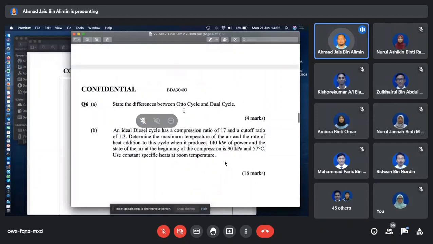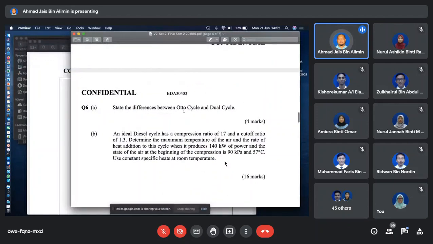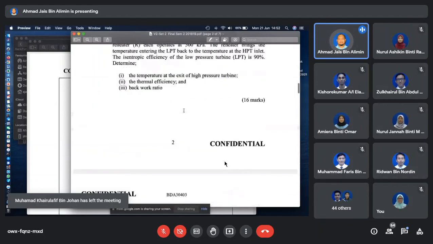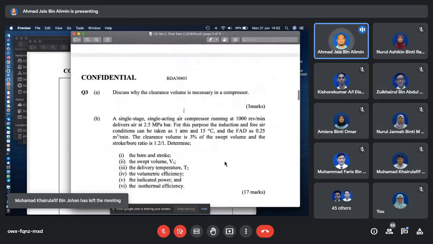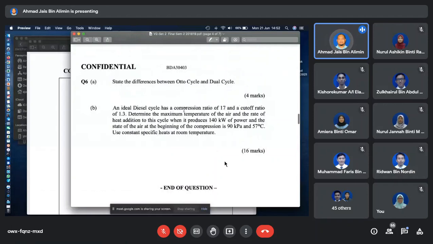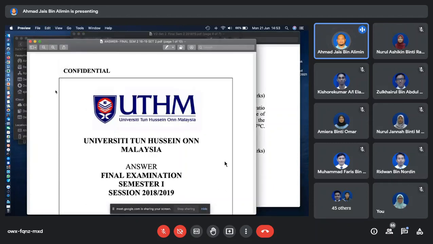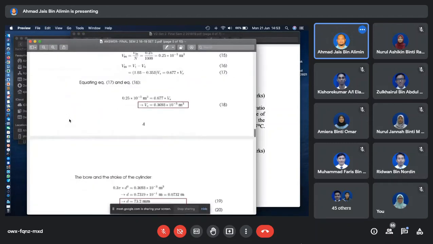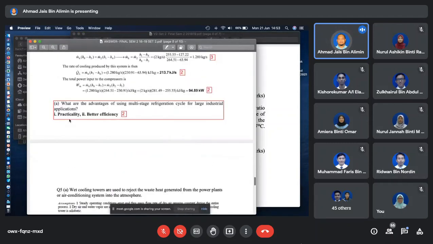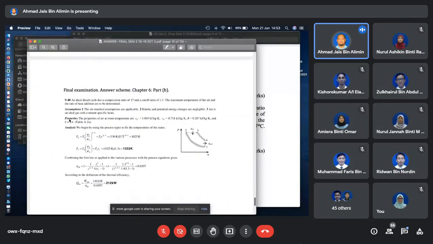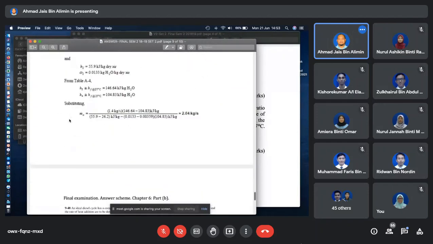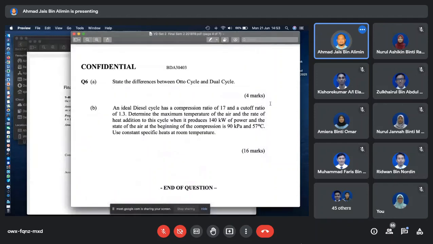This is an example of the previous two semesters' questions, 2019. The question asks you to differentiate between the Otto and diesel dual cycle. So the best way to answer this is to sketch the PV cycle for both systems.